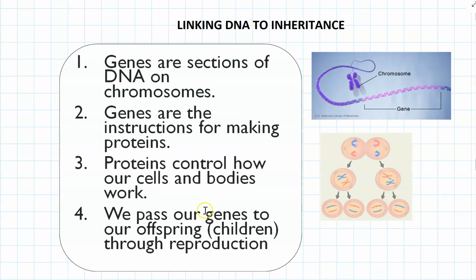And we're always passing our genes to our offspring by doing sexual reproduction. Because we're making gametes, and then our gametes are combining with whoever we reproduce with to make a new child. So we're constantly passing our genes on from generation to generation, and that's how species survive and evolve over time.